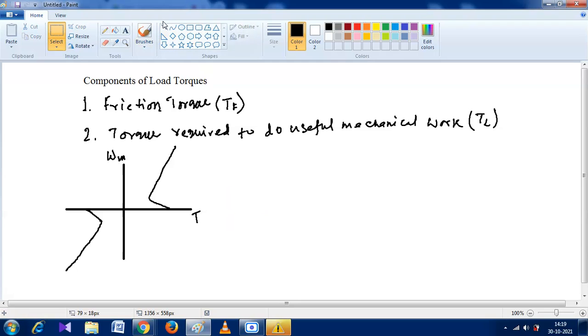If we resolve it into its components, what is the nature? This is omega m, and this is torque.